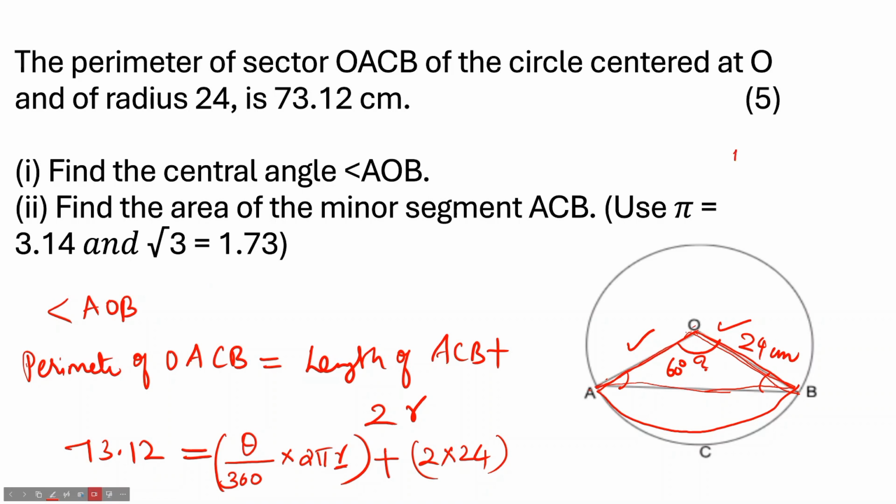In a triangle, the sum of angles is 180 degrees, so 2 theta equals 180 minus 60, 120, and it is 60 degrees again. So these two angles are also 60 degrees. So this triangle is an equilateral triangle.